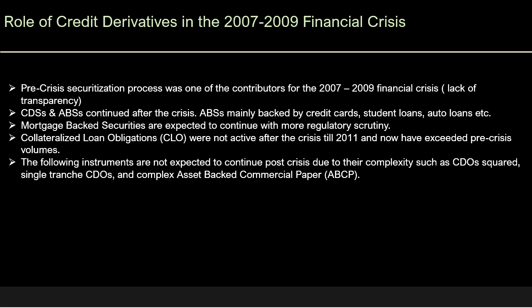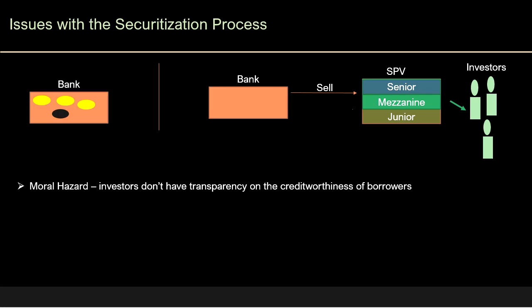So remember, credit derivatives are quite useful to transfer risk, but one of the important things to understand is that credit derivatives were partly one of the reasons for the 2007-2009 financial crisis.